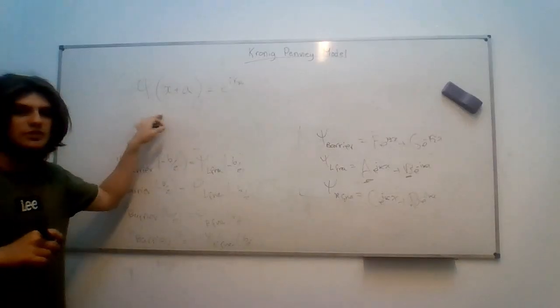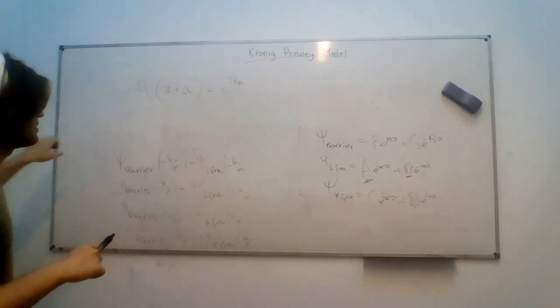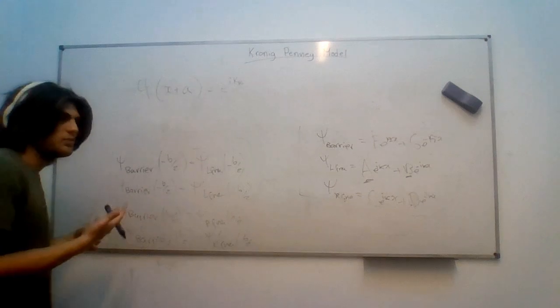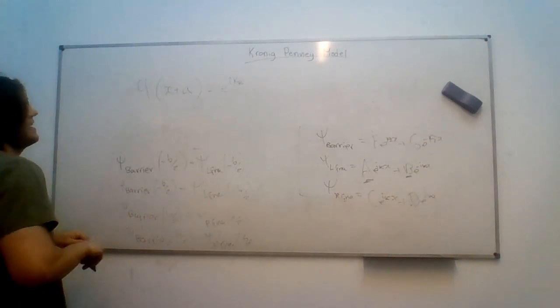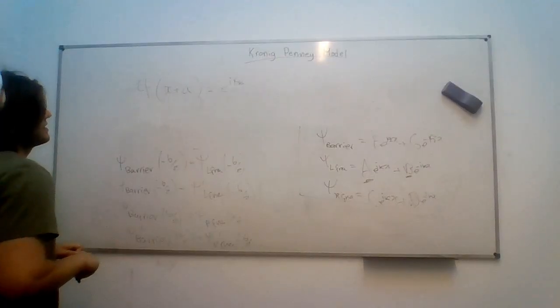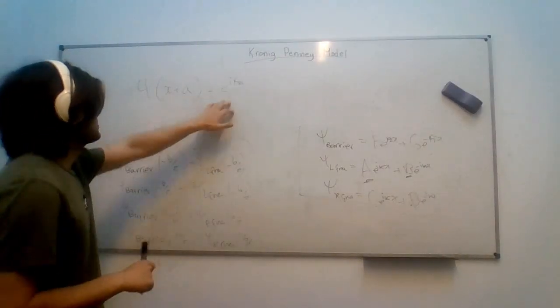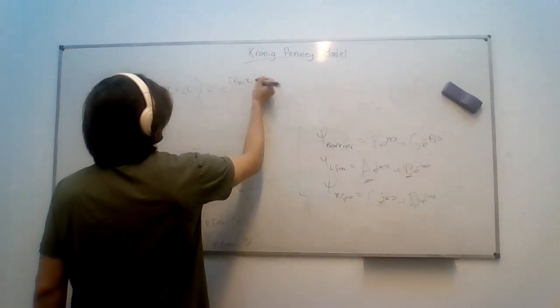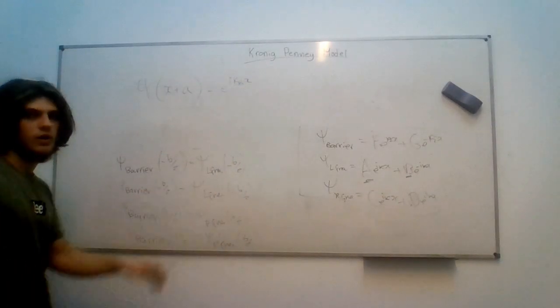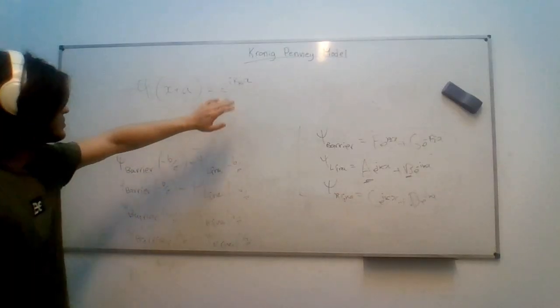You just kind of have to accept this theorem as is. Proving it is possible, but it will take time that I don't want to use. And that is going to just be equal to, and multiplied by, this lattice vector. So this is just a phase factor as well. Physically, this does nothing to the wave function.